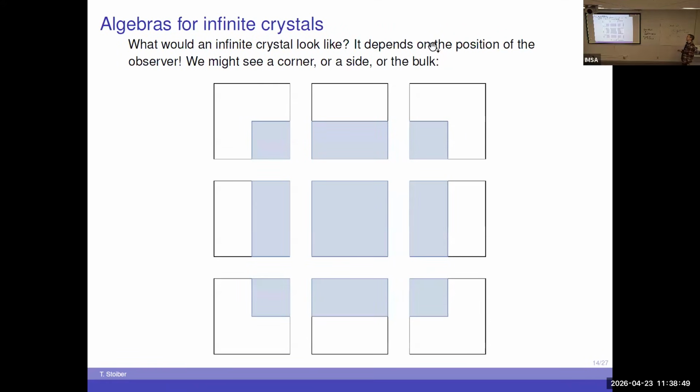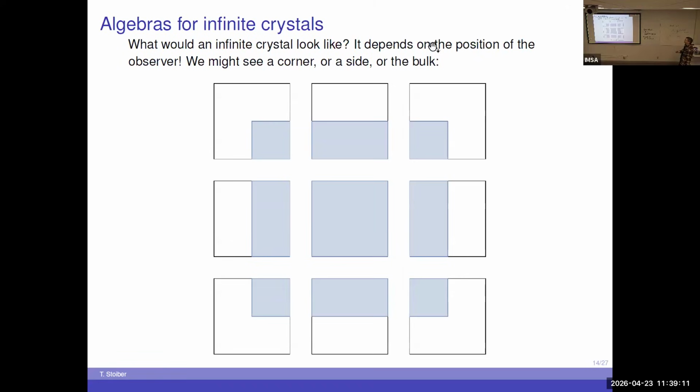So that's the idea. You look at different scaling limits of your crystal, where you keep different fixed points. And when you do this, you get different patterns, which are the building blocks of an infinite crystal, and you just need to glue them together into a self-consistent model.